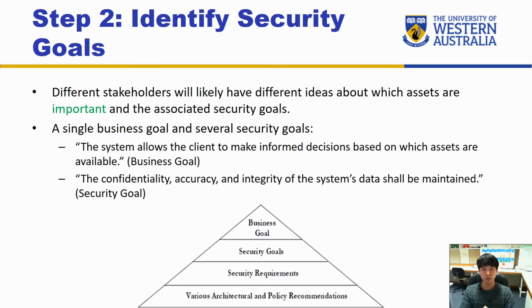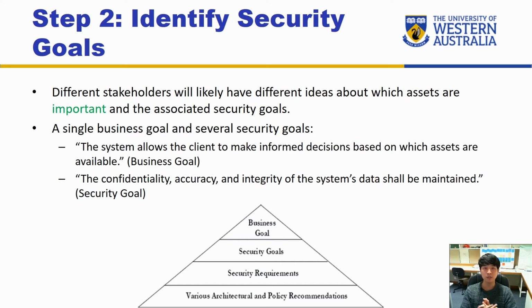For example, you have the designers thinking about how to use this software for design purposes, whereas some developers might have different ideas and so forth, right? So what you want to start with is a single business goal, and based on the business goal, you may derive multiple security goals from that. So here's an example. The system allows the client to make informed decisions based on which assets are available.